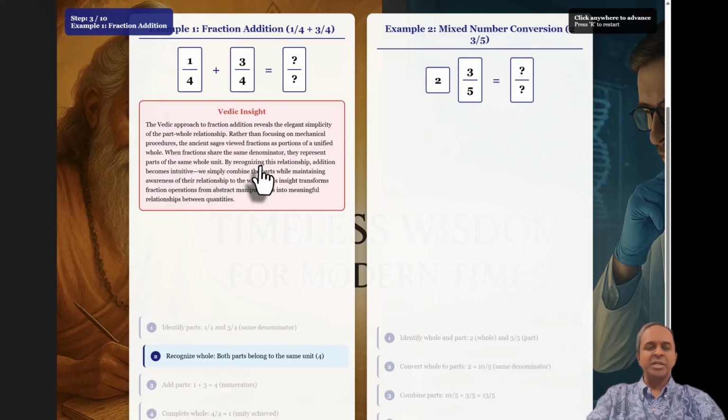So by recognizing this relationship, addition becomes intuitive and we simply combine the parts while maintaining awareness of the relationship to the whole. So this insight transforms fraction operations from abstract manipulations into meaningful relationships between quantities.